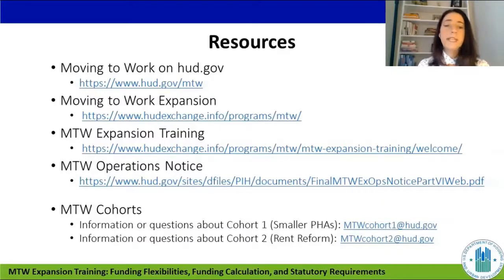Take a look at that. There's a lot of really good information in there. And if you have any questions on anything that you are reading in the operations notice, feel free to send us an email. You can send them to one of your cohort-specific pages, which are listed here: MTW Cohort 1 at HUD.gov, MTW Cohort 2 at HUD.gov, and then there's always the MTW info at HUD.gov for any MTW-related questions.